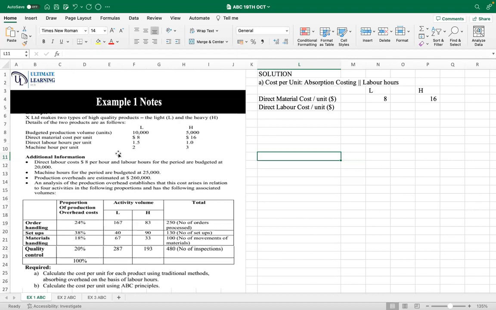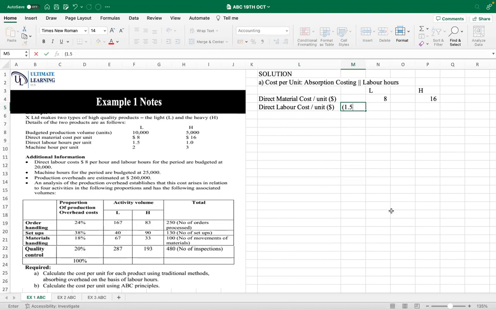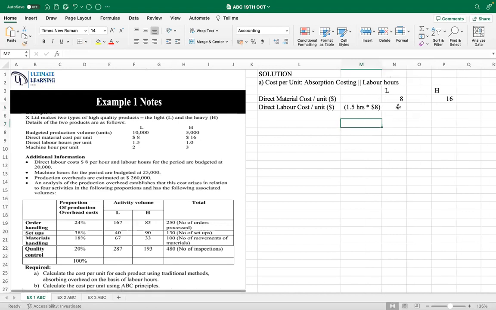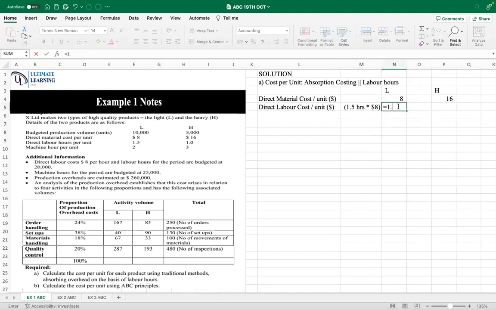For product L, it was 1.5 hours. So to get the direct labor cost per unit, you will take 1.5 times 8. Remember, this was 1.5 hours. You multiply by 8, 1.5 times 8, to give you 12.